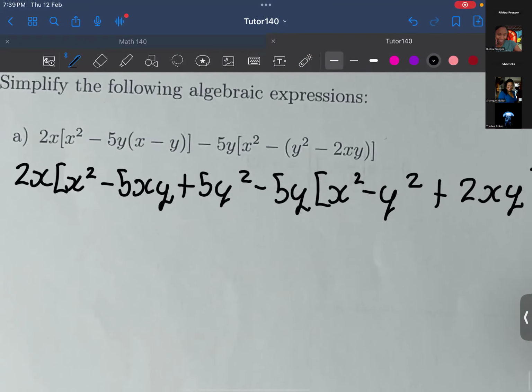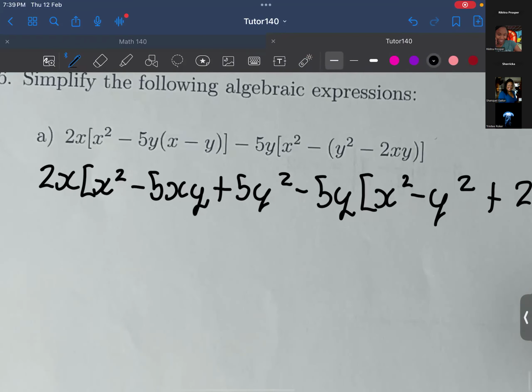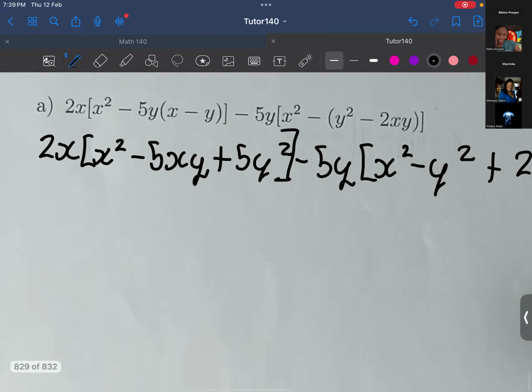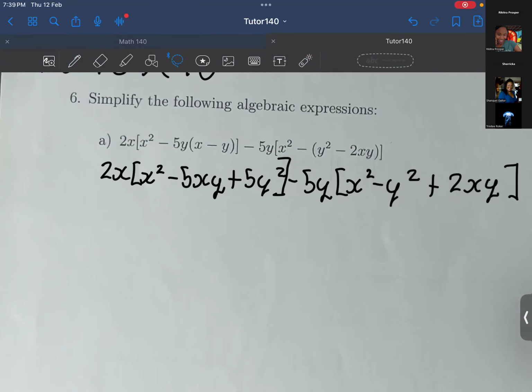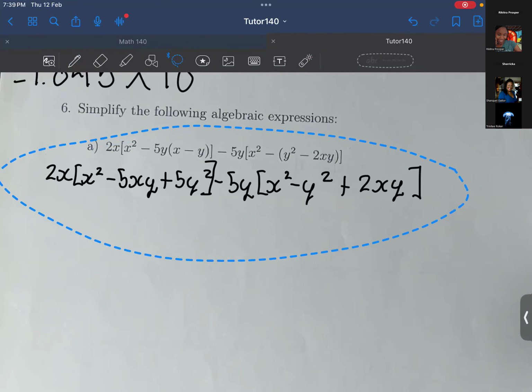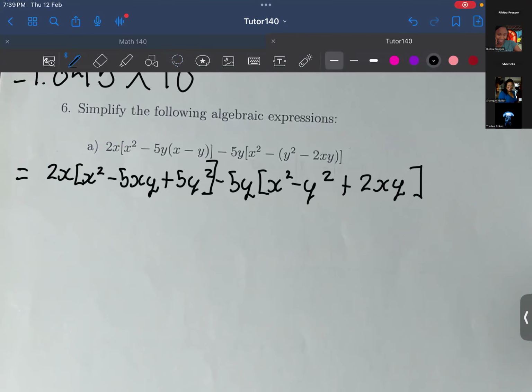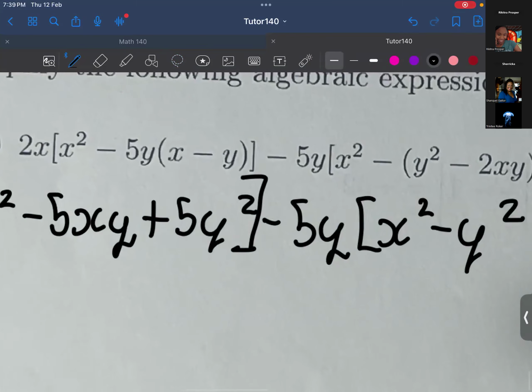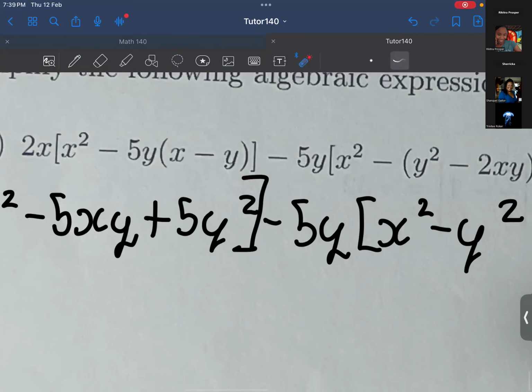And I didn't close the bracket over here somewhere. It's supposed to end with a close bracket right there. So equal, that bracket I put there came from over here. After I multiply minus 5y times minus 5y squared, I got positive 5y squared. And then I'm supposed to put the bracket back.